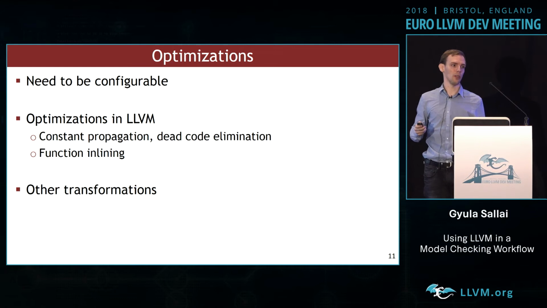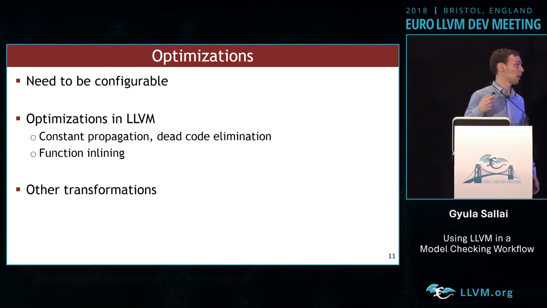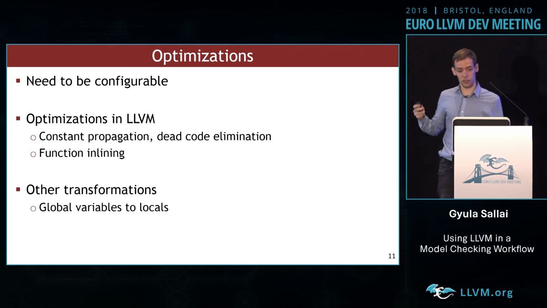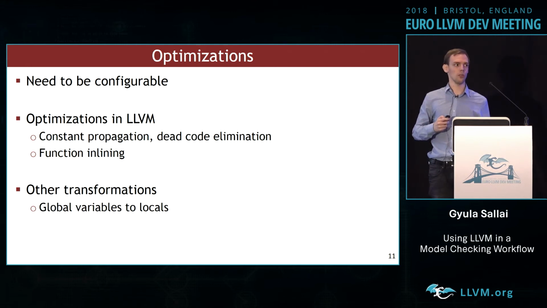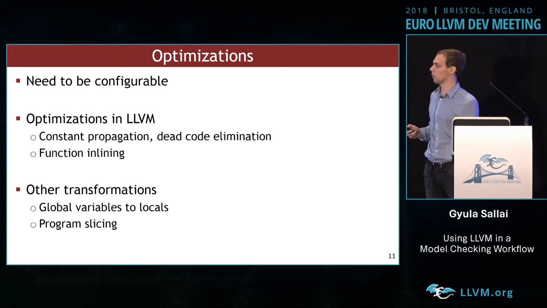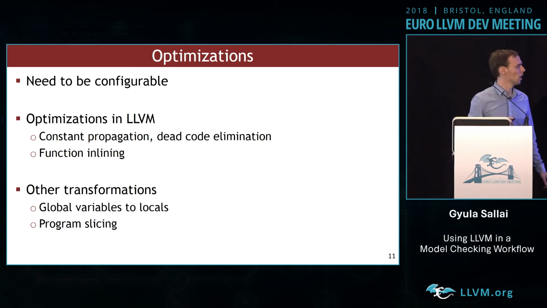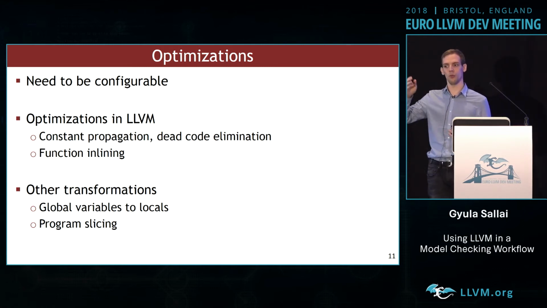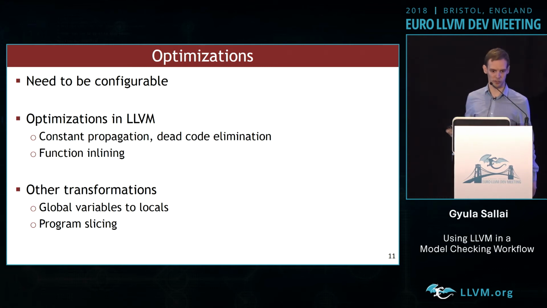And some other transformations which can actually change the program behavior a little bit, such as promotion of globals to locals, where we can do this, and the technique known as program slicing. It's an aggressive size reduction technique which changes program behavior because it chops up a single program into several smaller verifiable slices.